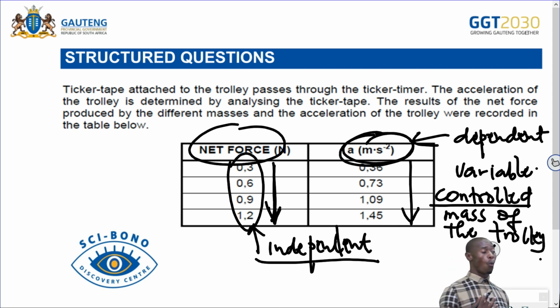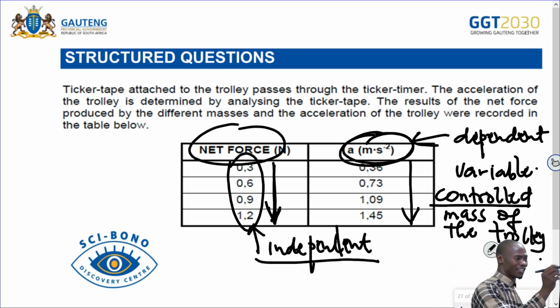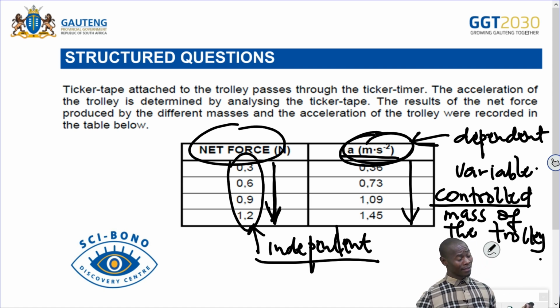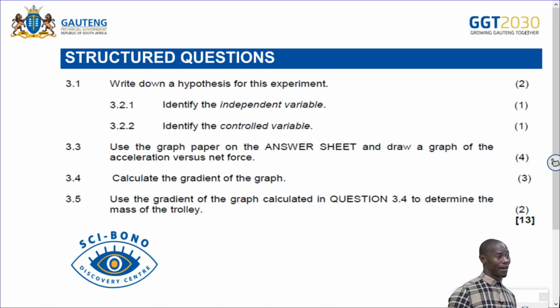For example, what is the relationship between acceleration and the net force? Those are the questions that we are looking for. In your investigative question, you must state the dependent and the independent variable, and your investigative question must show the relationship between the dependent and the independent variable.